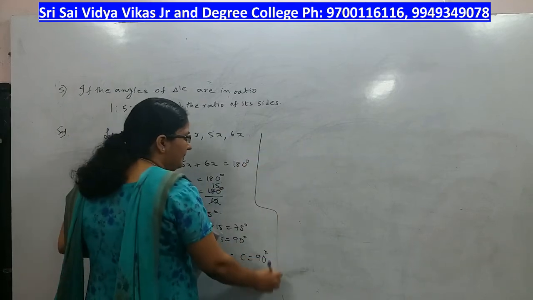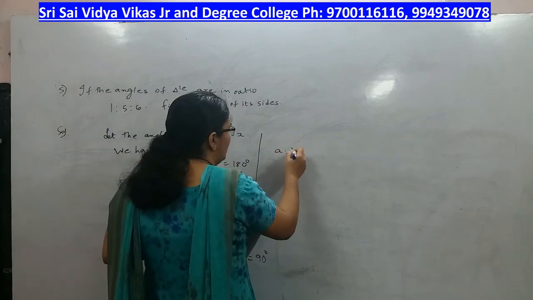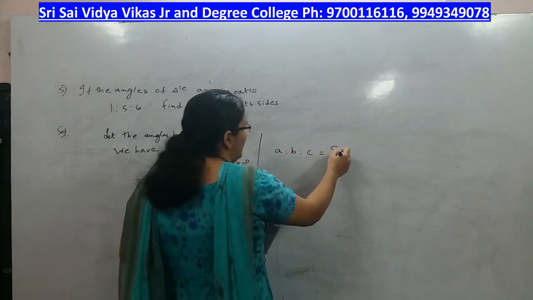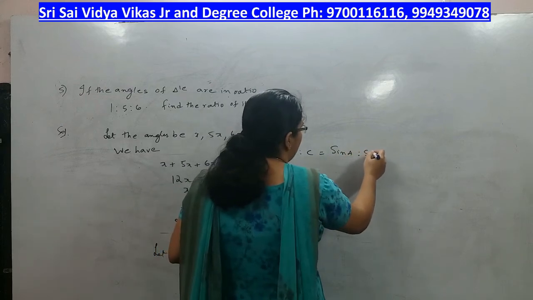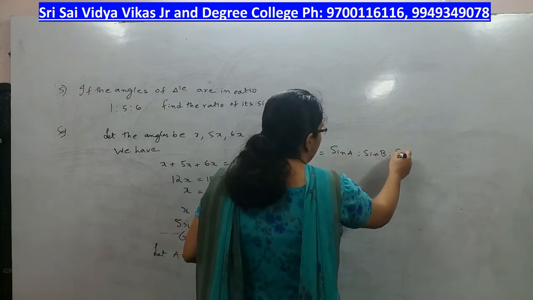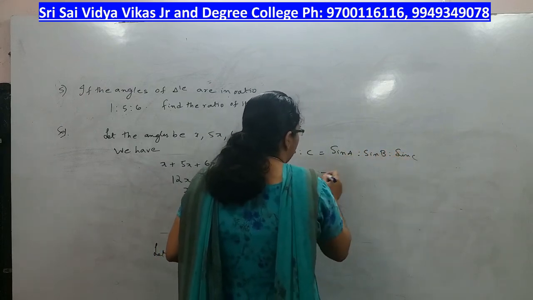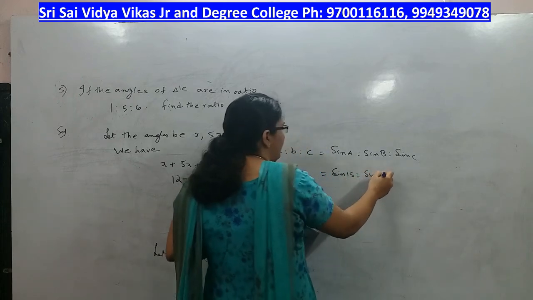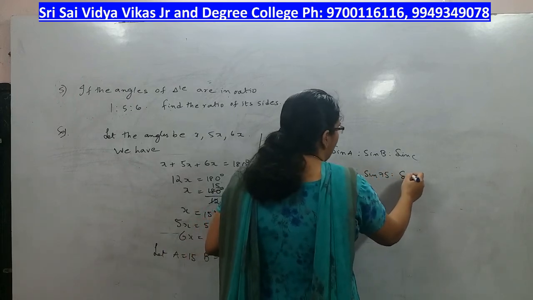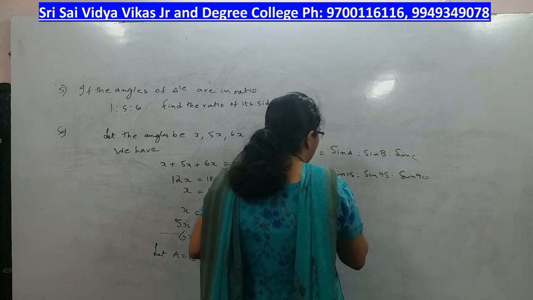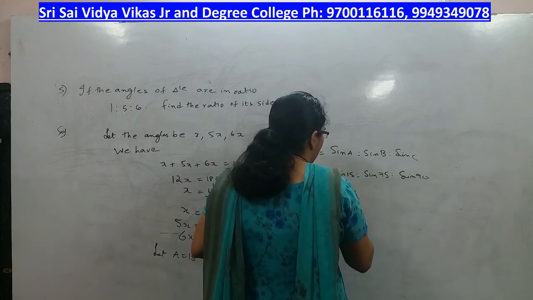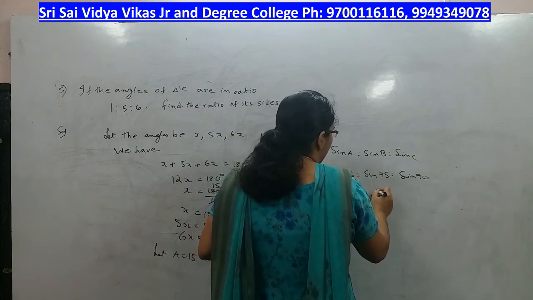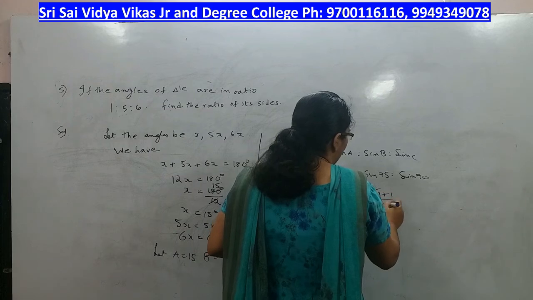We have A is to B is to C is equal to sin A is to sin B is to sin C. That is sin 15 is to sin 75 is to sin 90. Sin 15 is root 3 minus 1 by 2 root 2. Sin 75 is root 3 plus 1 by 2 root 2.